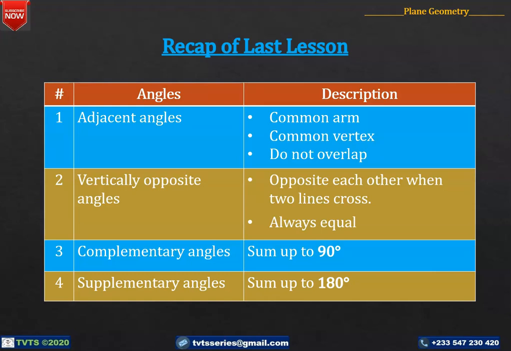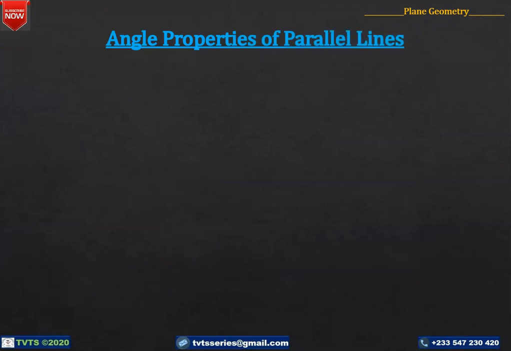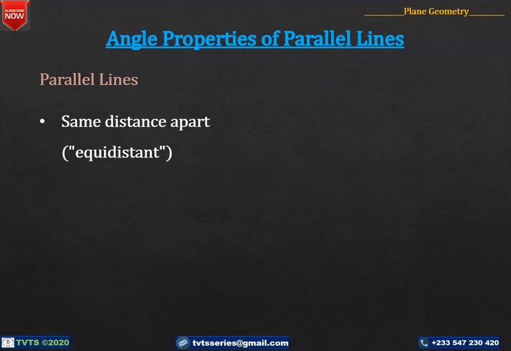Now, let's proceed to today's lesson. Angle properties of parallel lines. So what are parallel lines? Two lines are said to be parallel if they are the same distance apart and will never meet.